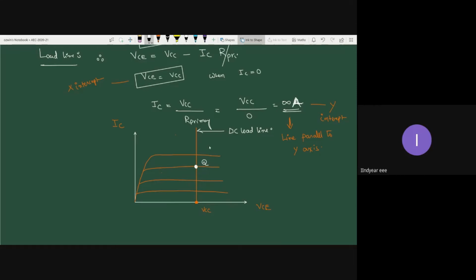Okay, so this is my operating point Q, and the coordinates of the operating point are VCQ and ICQ. VCQ is VCC itself, and ICQ is going to be somewhere here. Once that is done, you can draw two equidistant points, one above the Q point and the other below the Q point.